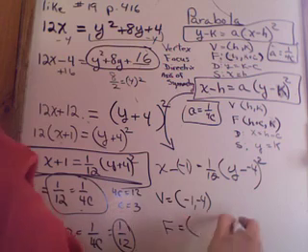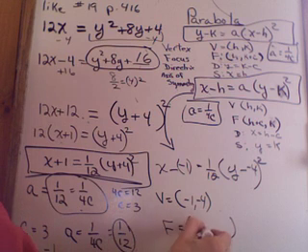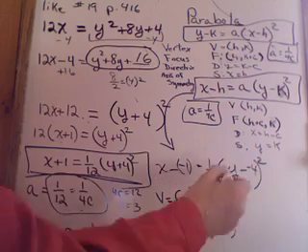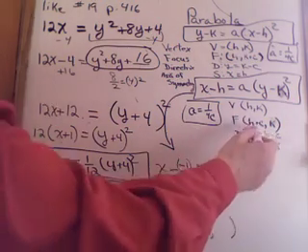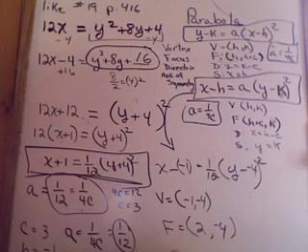Focus, h plus c, k. h plus c would be 2. And what's k? Minus 4. All right, so I got my vertex, I got my focus.